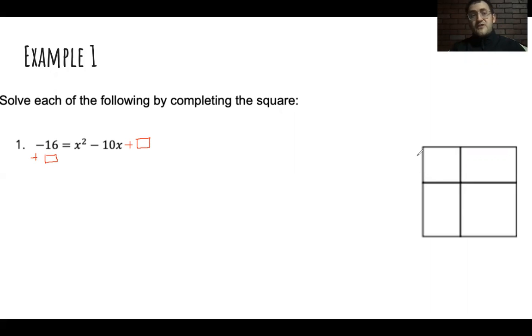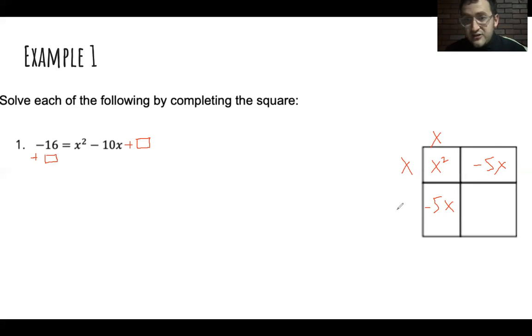Well, one thing that I'm going to do right off the bat, I know that x times x equals x squared, and then half of negative 10x is minus 5x. So I want it to be the same thing that adds to negative 10x. So negative 5x and negative 5x happen to do that job.